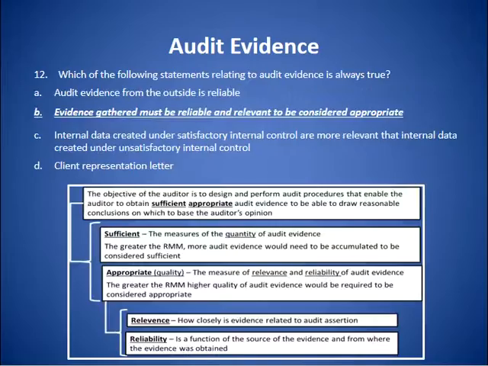Okay, the answer to number 12 is, in this case, B. Evidence gathered must be reliable and relevant in order to be considered appropriate. And again, you can see our definition of sufficient and appropriate and reliability here as part of our presentation.